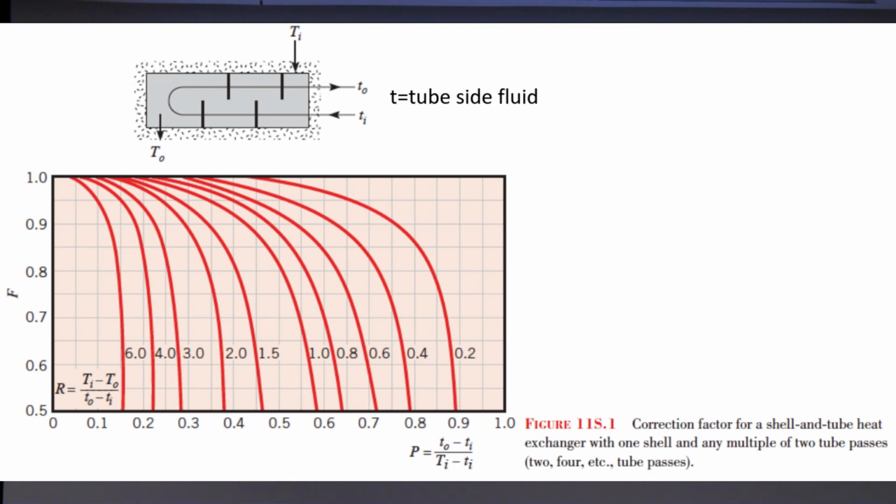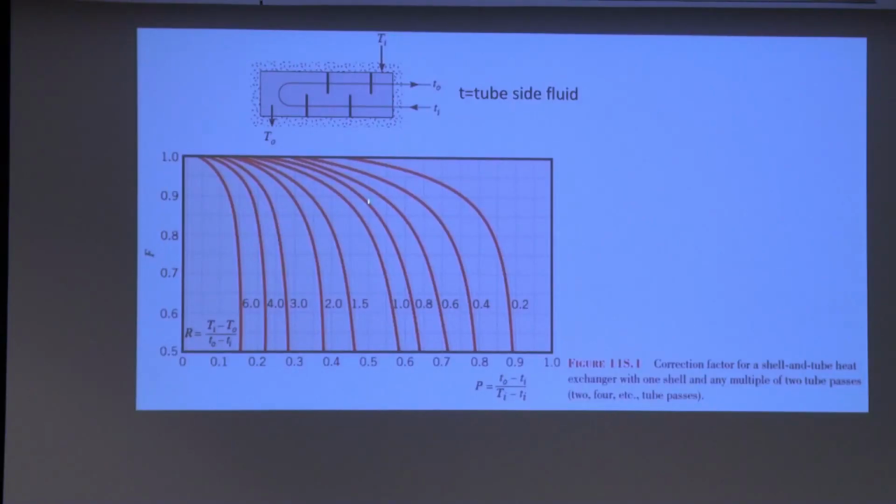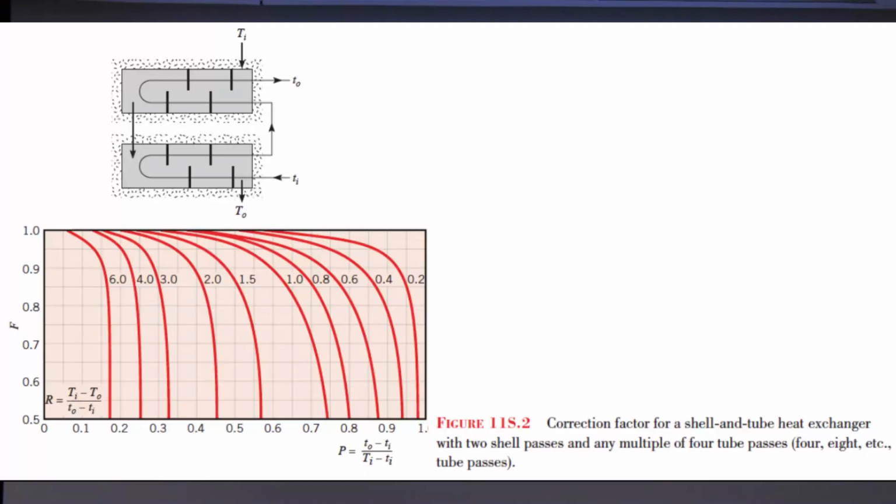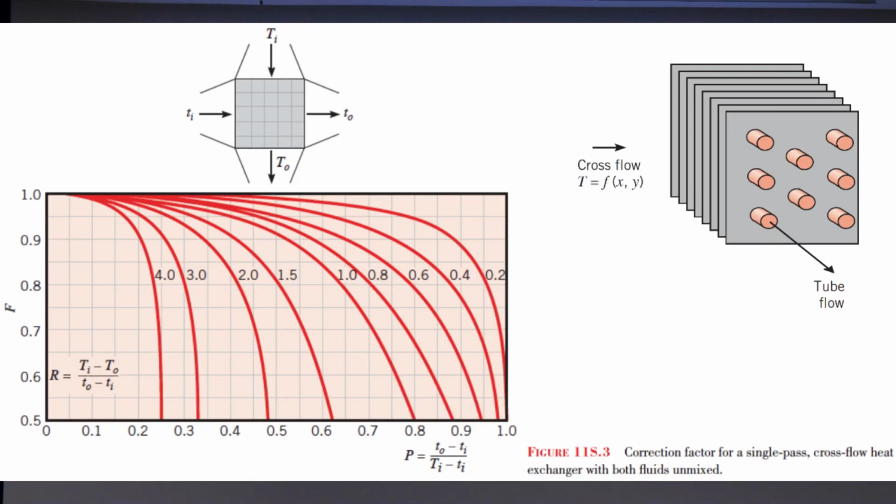So here is F, and here it says, depending on a ratio between these temperatures, right? You just have to plug and chug, as we have done many times before. Depending on this relationship between temperatures, it will give you this F to put there as the correction factor. Now, 1 shell, 2 passes, 2 shells, 4 passes.